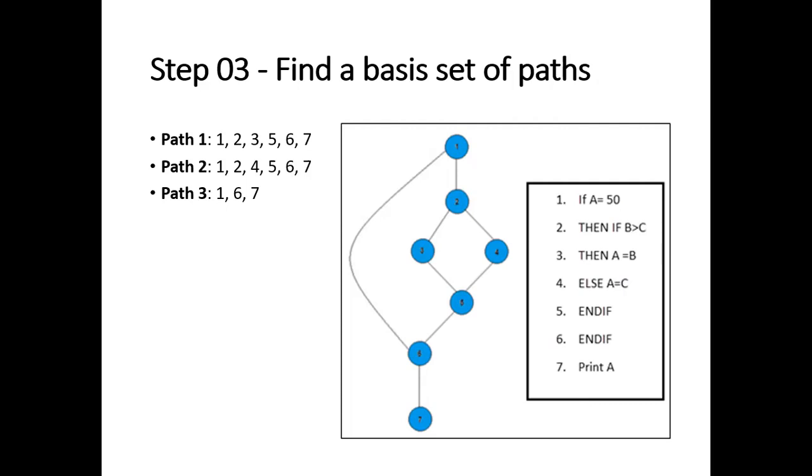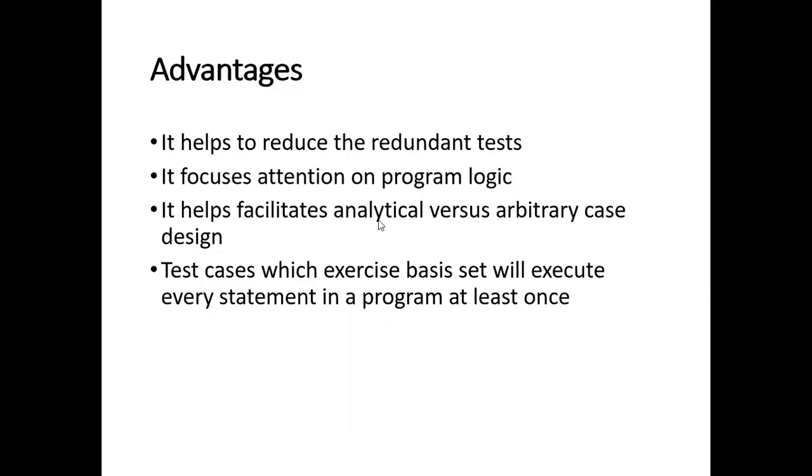Let's assume the logic is incorrectly implemented by the developer. So in that case, you have the correct scenario, and when you try to input the data and get the execution of the desired path, that won't happen. So in that case, you can find the program logic errors, right?